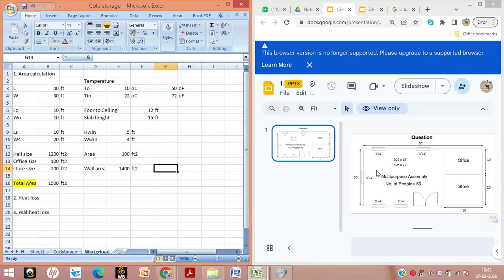The window height is 5 feet, and the width is 4 feet. Okay.